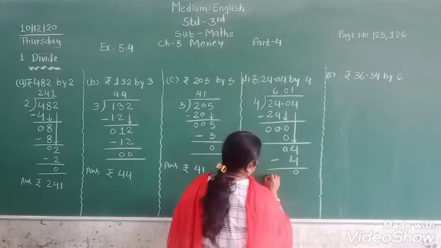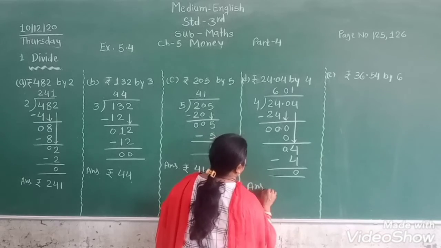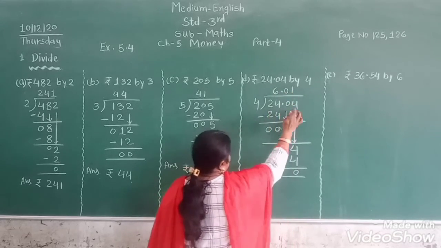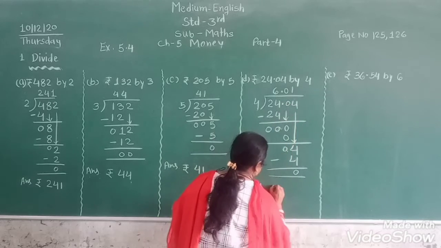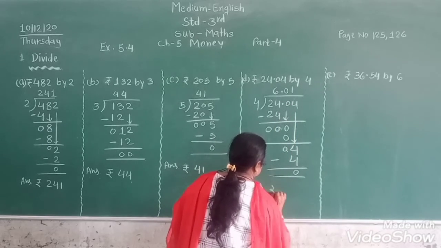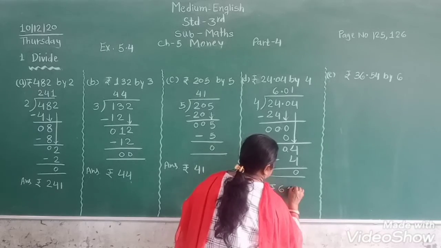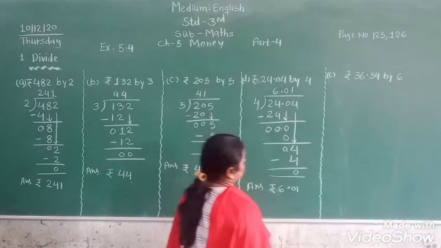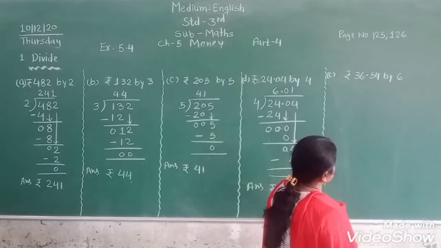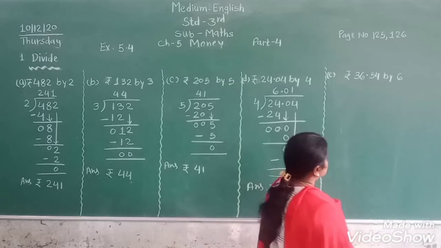The answer is, and here put dot after 2 numbers. So rupees 6 and 01 paise.